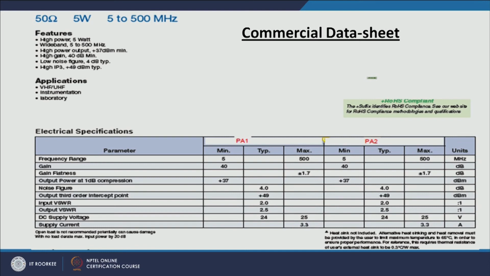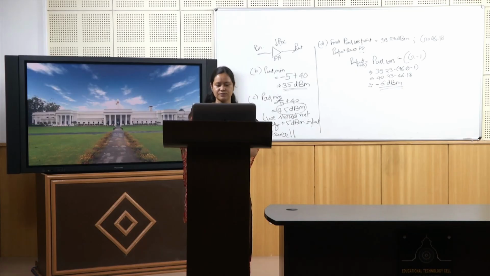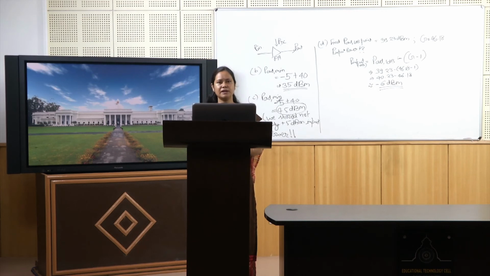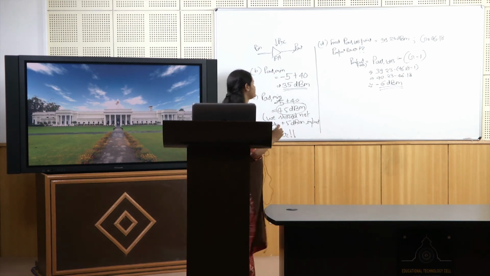Suppose you are driving your PA at 25 volt, then your calculation will be 25 into 3.3. Normally it is defined whether it is an RMS value or not, because for a DC value you will simply multiply those values. So V into I will give you PDC.